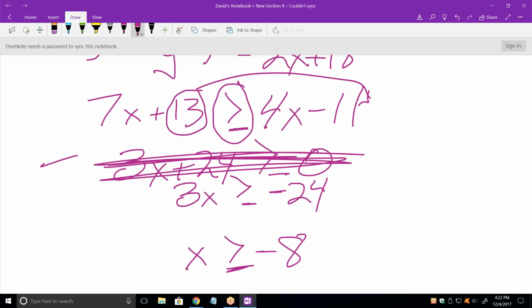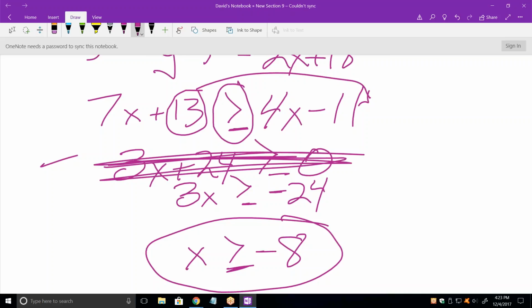Yeah. And that's our answer. And we didn't have to do anything different than we would do if we were solving an equation. The rule is that if you have to multiply or divide both sides of the inequality by a negative number, then you have to switch the direction of the inequality.